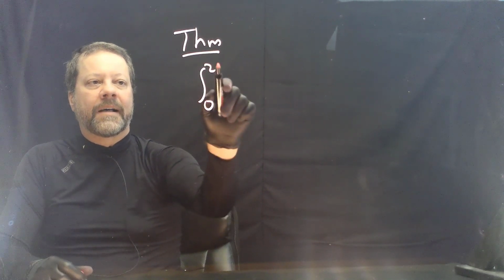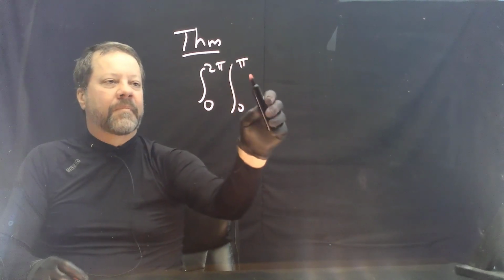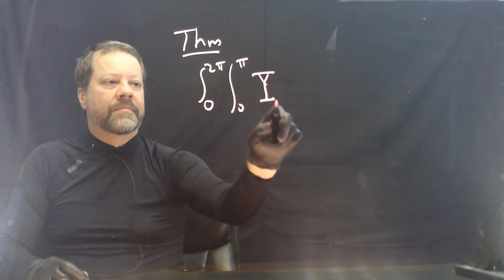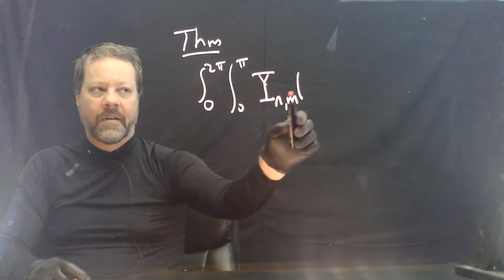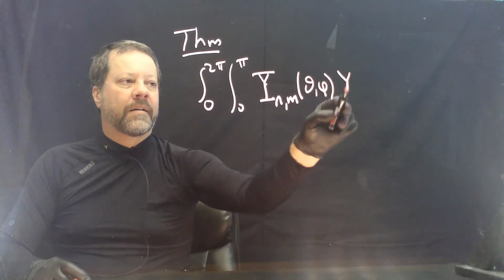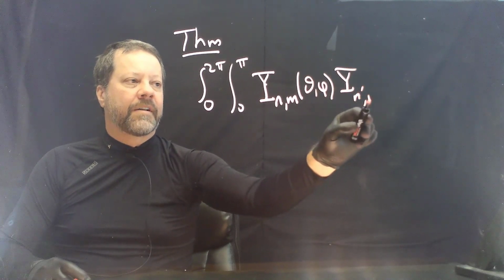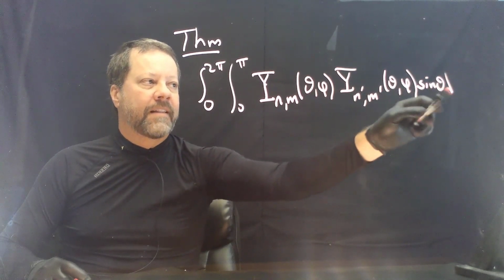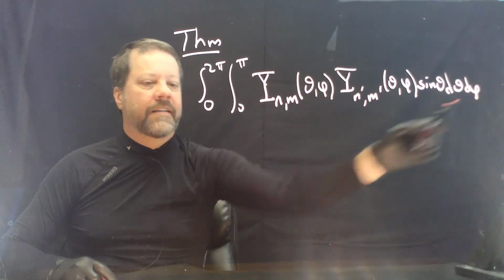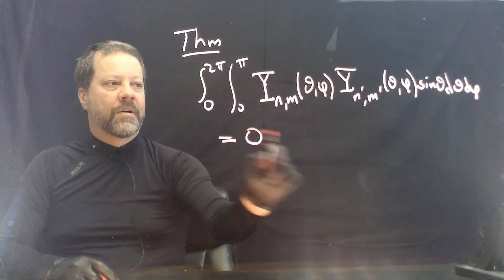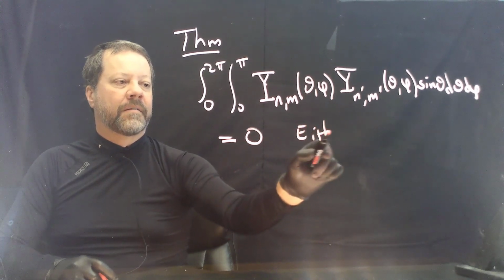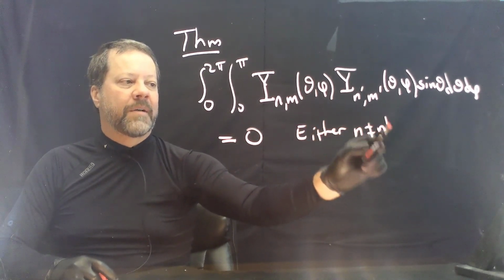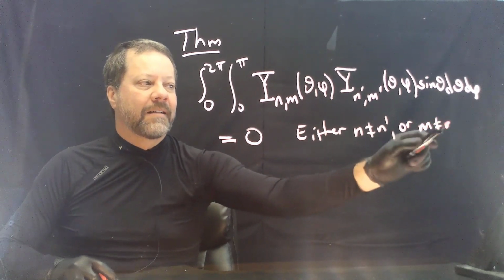symmetry here. The theorem is, of course, then, that when we take the integral from 0 to 2 pi, 0 to pi, of the spherical harmonics, where we'll have theta phi and just some different values on n and m over here, with a weight of sine theta, d theta d phi, we'll get 0 provided either n is not n prime or m is not m prime.